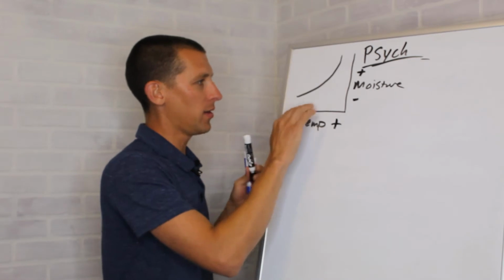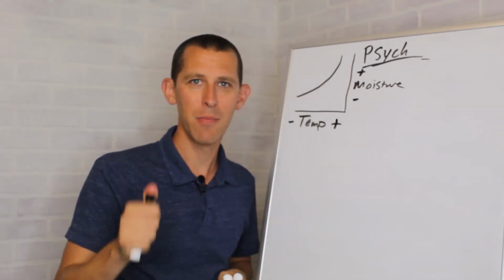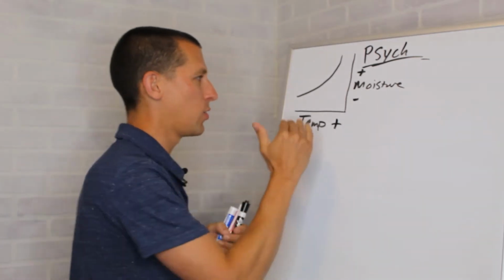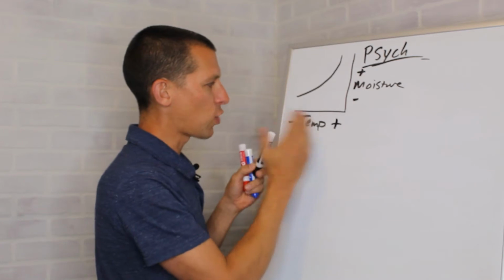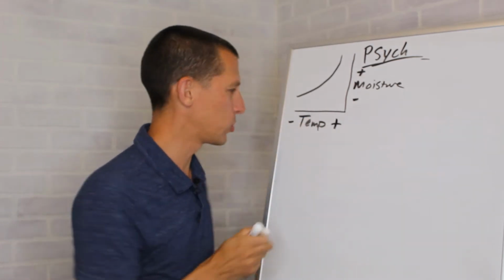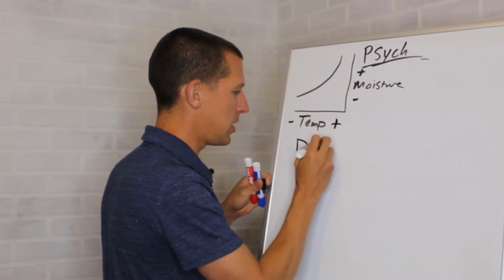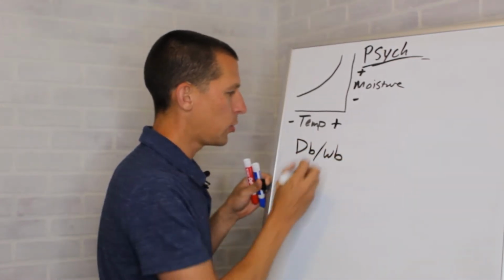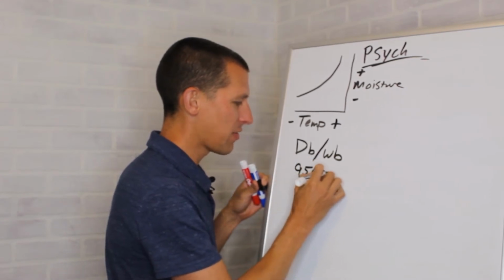What this shows you is it helps you understand how a system behaves. As you think about a dry bulb temperature and a wet bulb temperature, we will usually write that as dB and WB, or sometimes you might see it as 95/78.